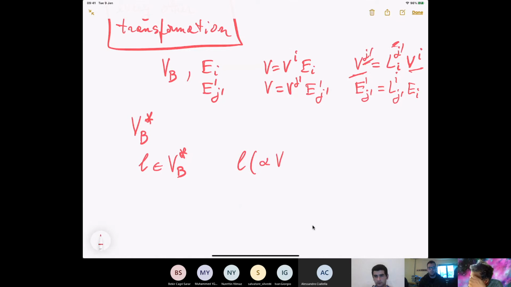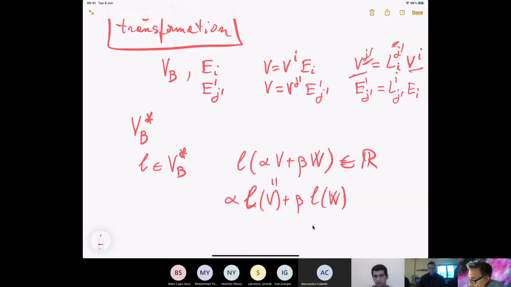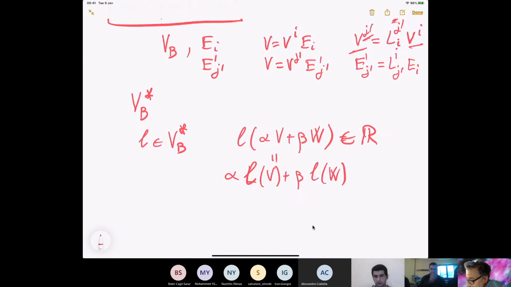It is a real number, and this is equal to alpha L(v) plus beta L(w). So V star B is the set of linear functions defined in VB having values in R. Okay, so this is an element of R, this is an element of R.